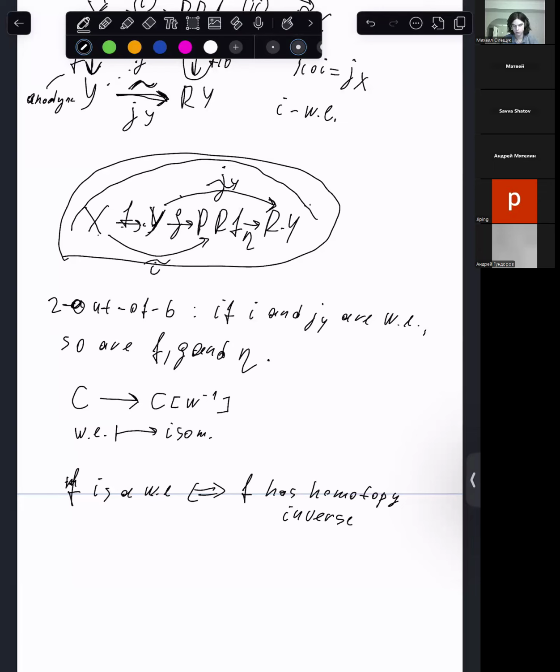Yes, but this is true for a map from a cofibrant object. Well, in this form, I think we need both objects to be both fibrant and cofibrant. Okay.